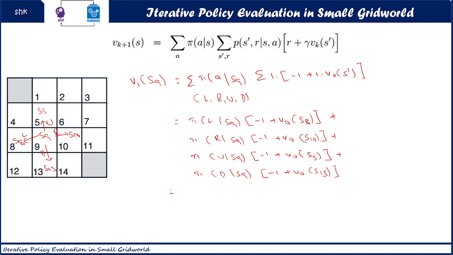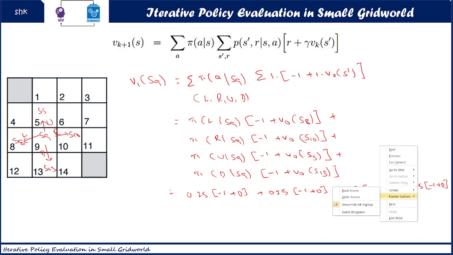As we know, the probability of each action is 0.25, and V naught of the next state is always 0, as we initialized every state with a 0 value. Now we substitute in this expression. It reduces to 0.25 into -1 plus 0, plus 0.25 into -1 plus 0, plus 0.25 into -1 plus 0, plus 0.25 into -1 plus 0.